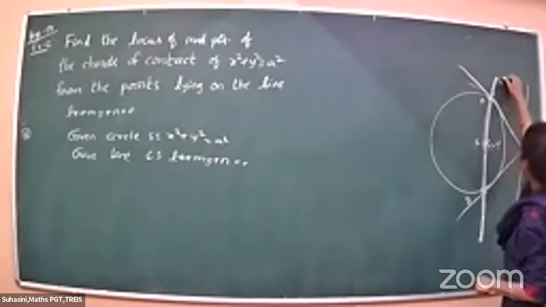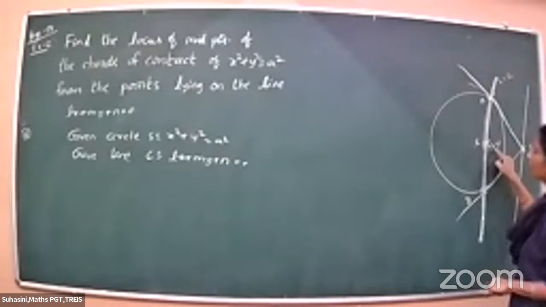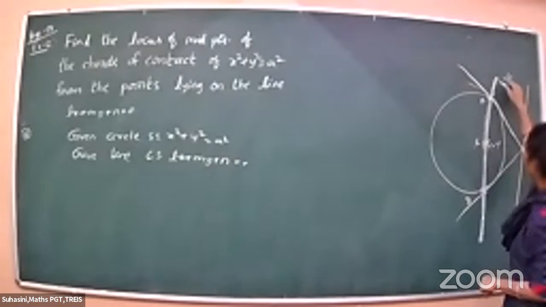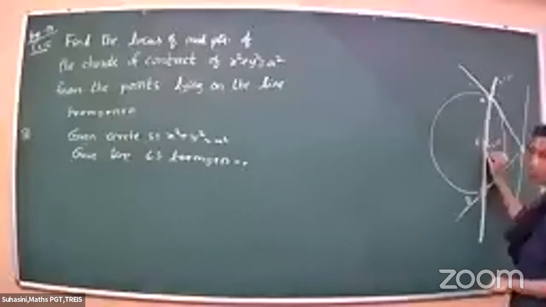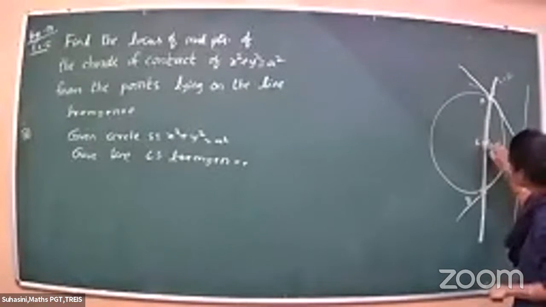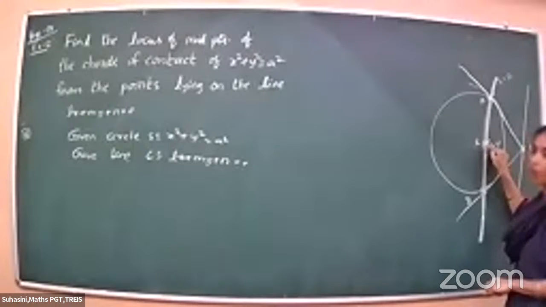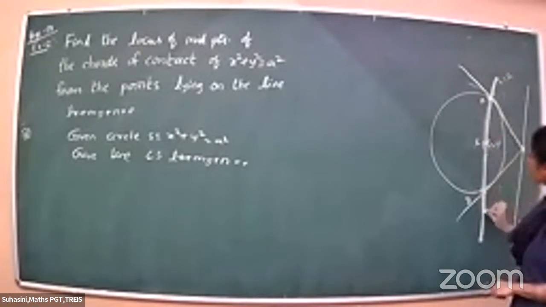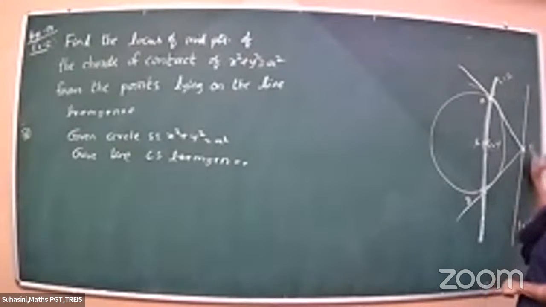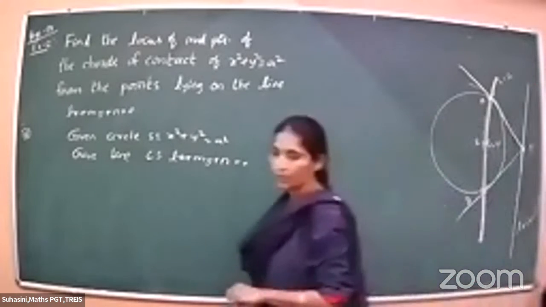Yes, using which formula? S1 equal to S double 1, because you know the midpoint of this curve. Using S1 is equal to S double 1, you have the equation of this curve. And you need to find out the locus of the midpoint of this curve. And from where has this curve of contact been taken? From a point P. Where is this point P? This point P is on the line lx plus my plus n equal to 0.